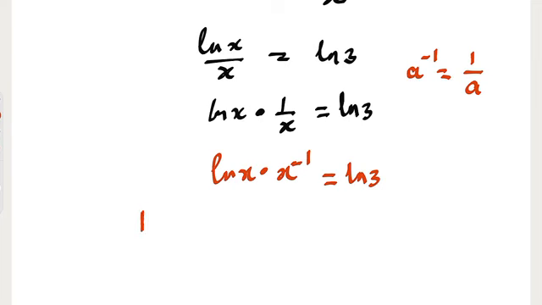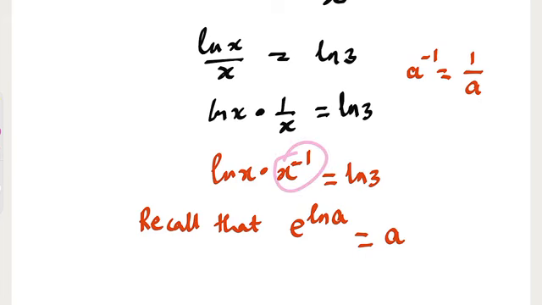Alright, the next thing I want us to recall is that e to the power of ln of x, or let me use a instead, e to the power of ln of a will definitely give us a. So therefore I'm going to apply that here.